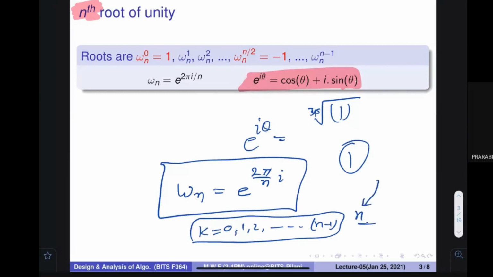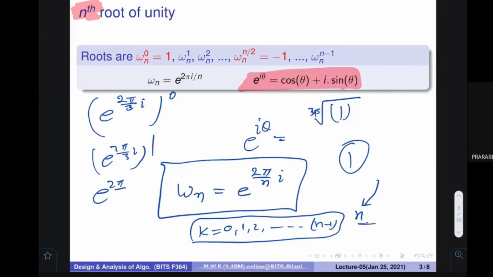If you want the cube root of unity, you know that it is e to the power 2 pi i upon 3. Put the value to the power 0, then e to the power 2 pi i by 3 to the power 1, and e to the power 2 pi i by 3 to the power 2. These are the three cube roots. Everybody knows that the first one is always 1.